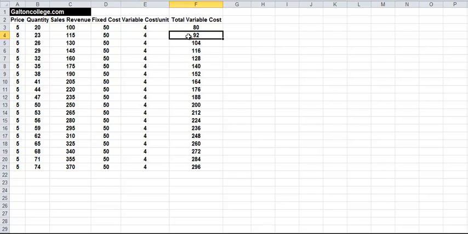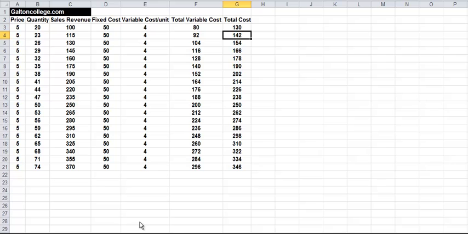So you can do this very simply on a spreadsheet. Just enter the formulas and you will get these figures across here. So 26 times 4 is 104. So you can work out the total variable cost. Now what we've got on our table so far is we've got fixed costs and variable costs. Well, fixed plus variable is equal to total. So we've got total costs.